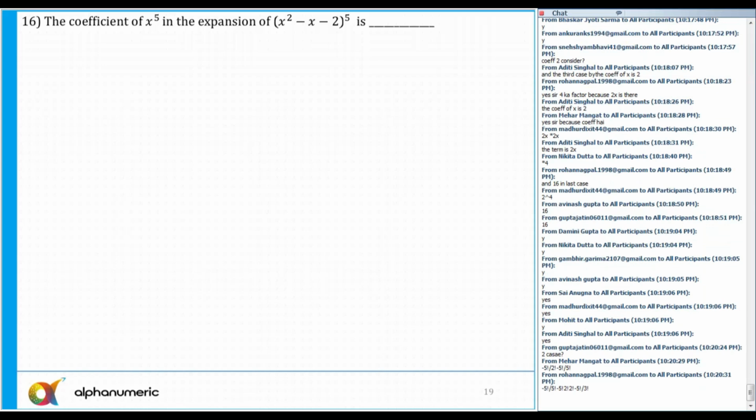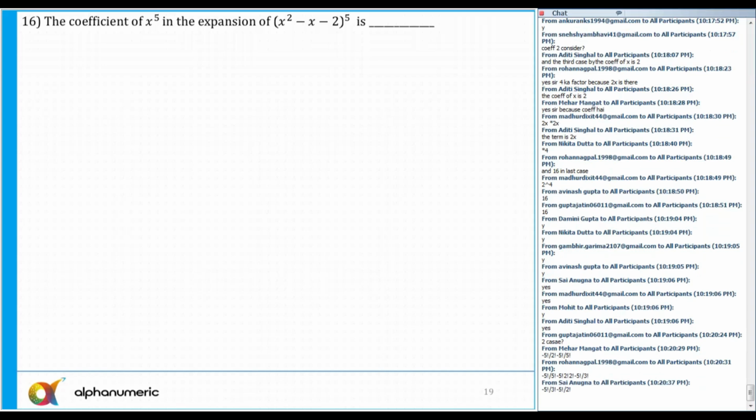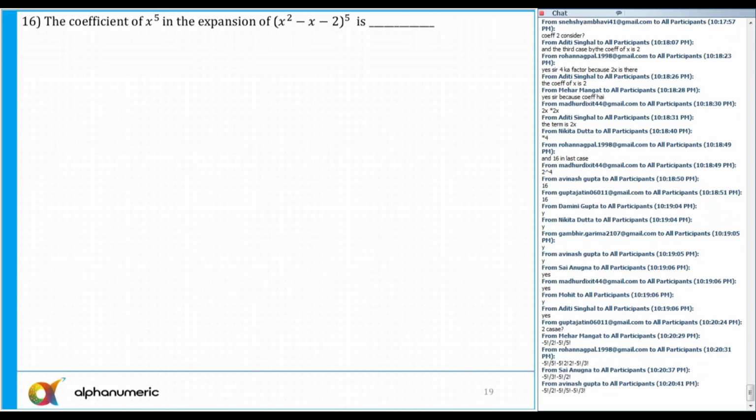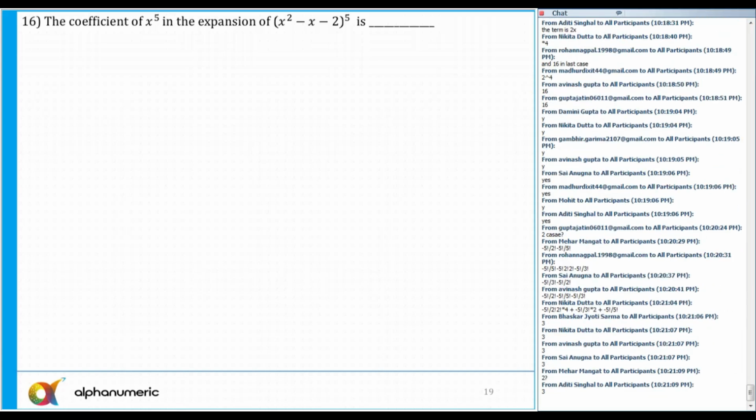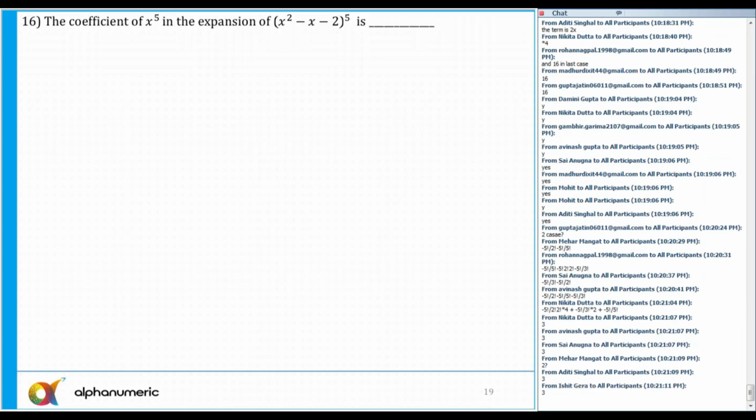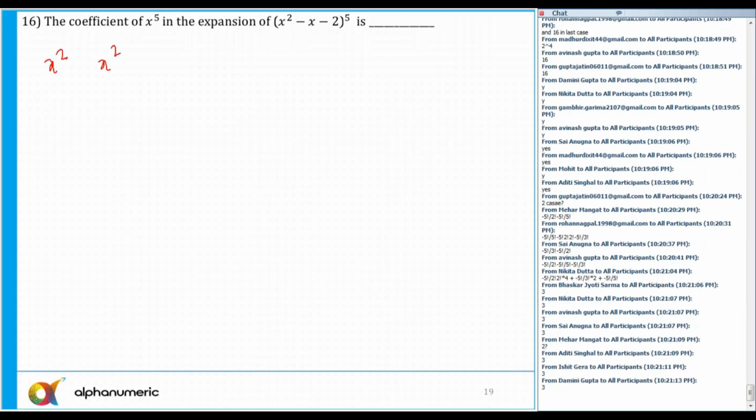Okay. Now just see here, all of you. How many cases are there? Just tell me that. 2 cases or 3 cases? I think 3. Power 5. So maximum power is x square. Then again I can take a 1x square, 4, and then minus x. And then minus 2, minus 2.